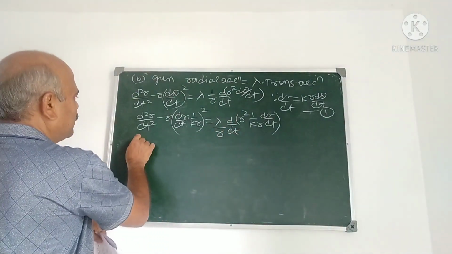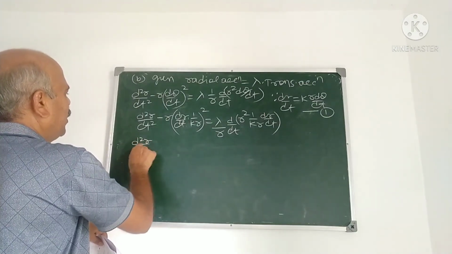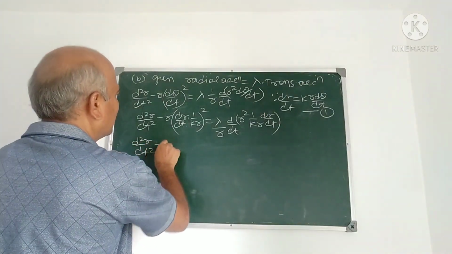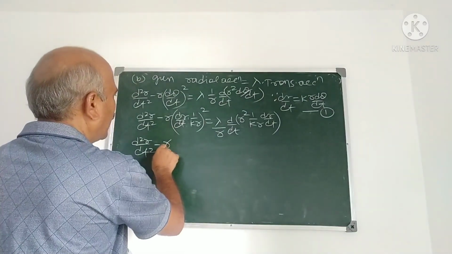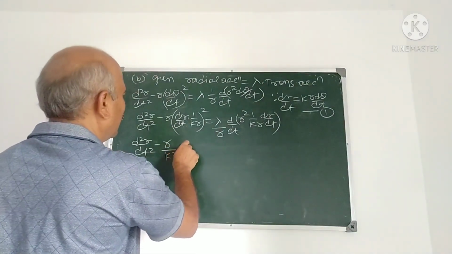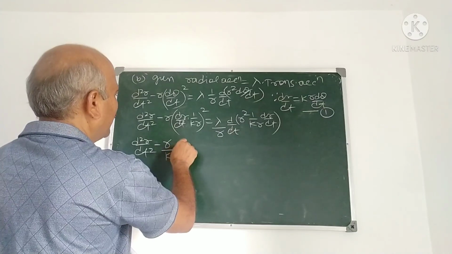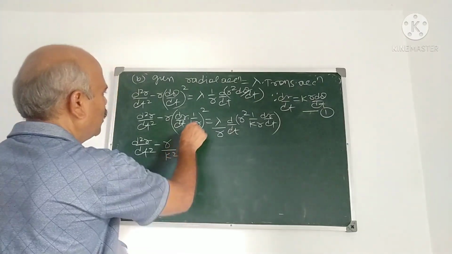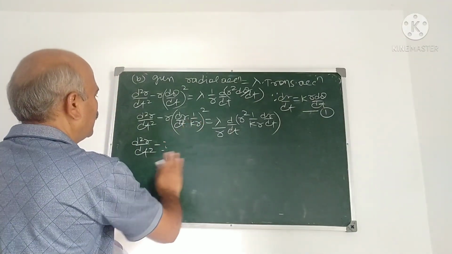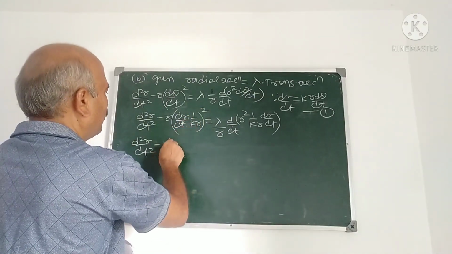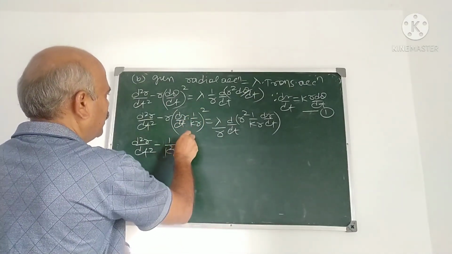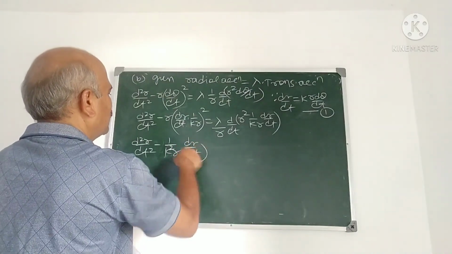So I simplify like this: d2r by dt square minus r into r by k square, or what is r square here? So I write 1 upon kr, because the square cancels. 1 upon k square r dr by dt square.